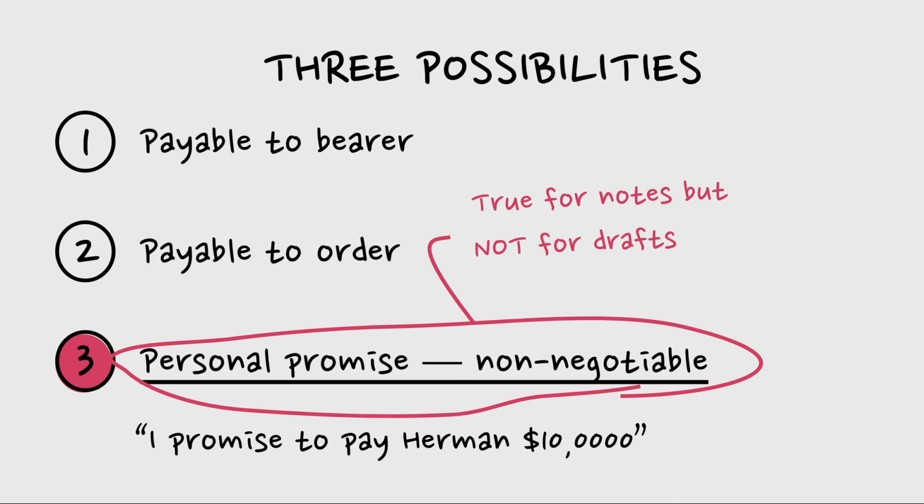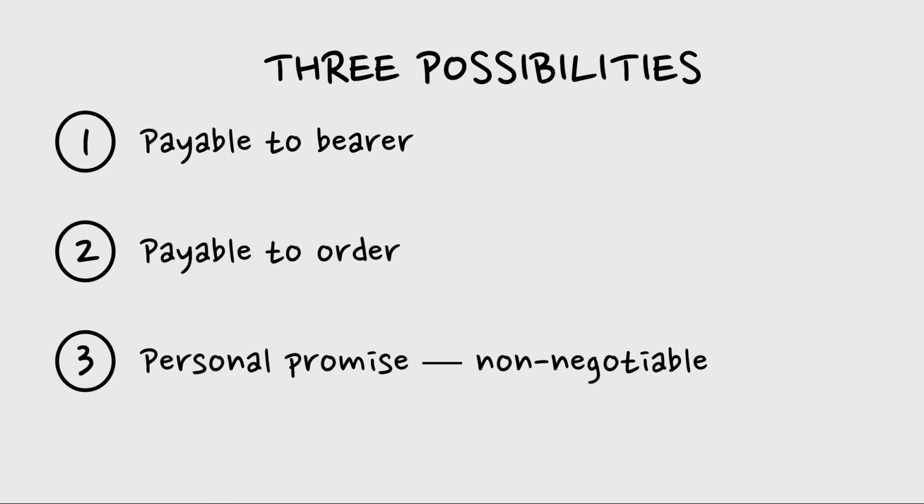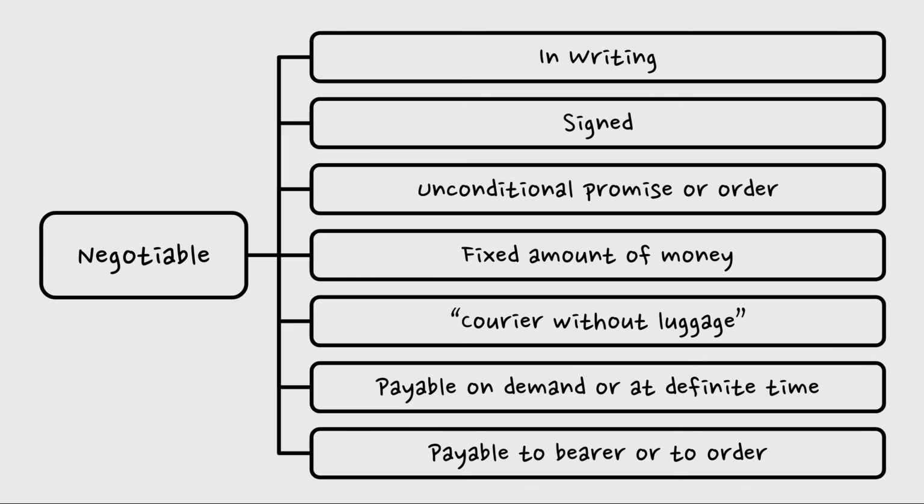It's still negotiable. So it's an exception. You want it with number 3 here, you want to differentiate between notes and drafts. Otherwise, the rules are the same. So those are what we mean then when we're talking about payable to bearer or to order.